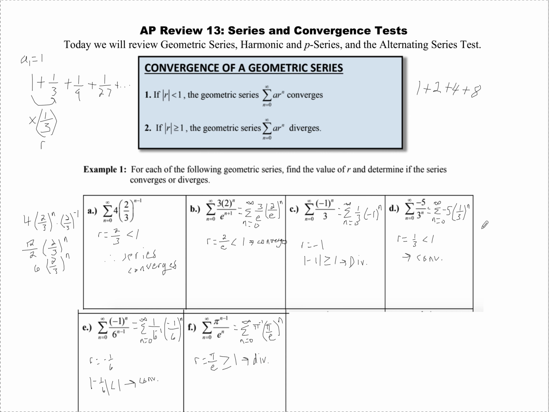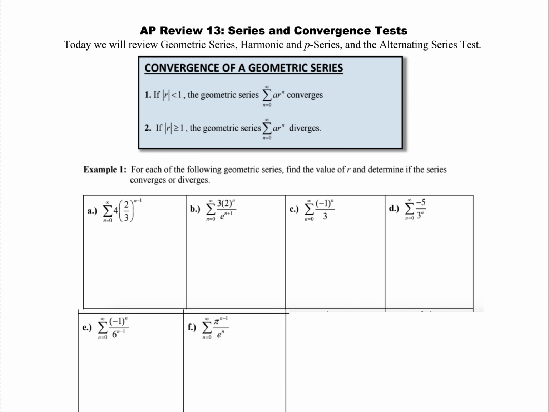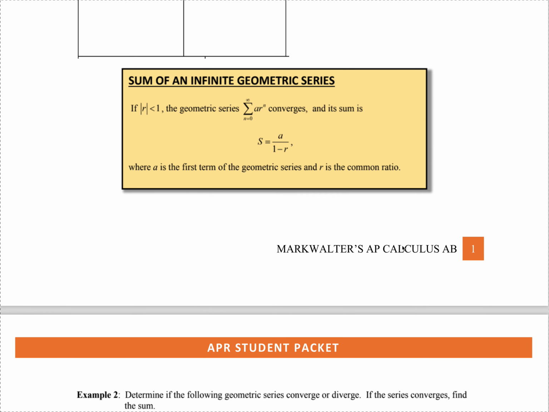So there's a quick recap of determining convergence of geometric series, okay? Now, if we want to sum up an infinite geometric series, we have another formula for that, one we should remember. If it is a convergent geometric series, the absolute value of r is less than 1, then the geometric series converges, and its sum will be exactly this: a, that starting value when n is 0, if it's in this form, over 1 minus r, where a is the first term of the geometric series and r is the common ratio.